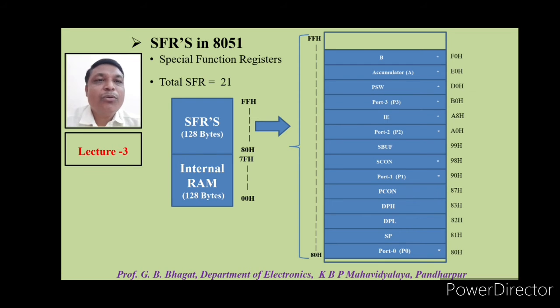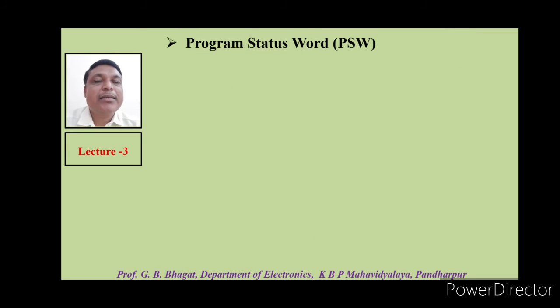Therefore there is no proper sequence of addresses if we see this map of the SFRs carefully. At address FF, the last address of this block, that byte is blank, that is, it is not used for any SFR.